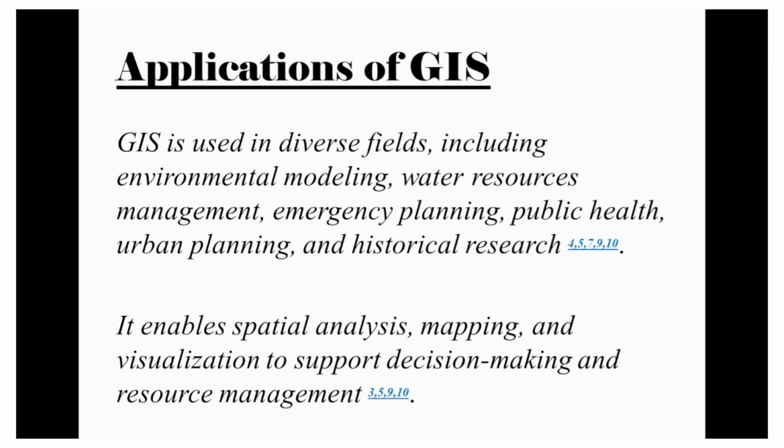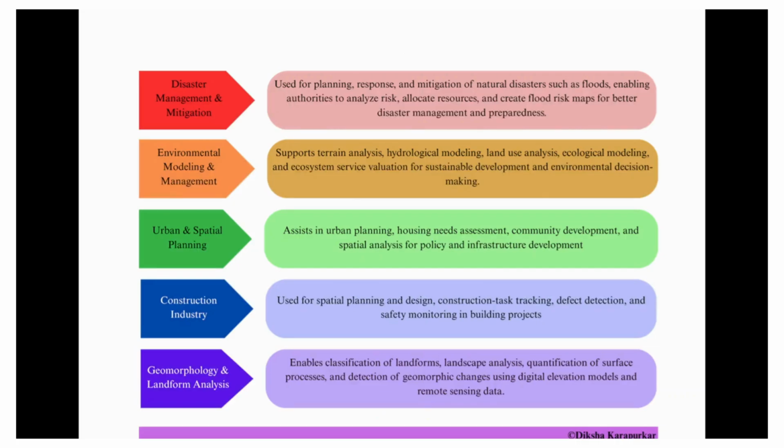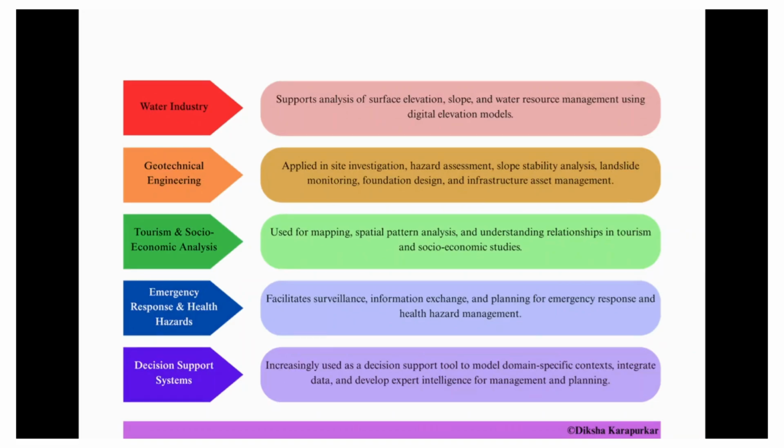In public health as well, GIS helps track disease outbreaks. It's also used in archaeology, agriculture, transportation, and even tourism, to name just a few areas. In these two slides, I list down 10 main application fields of GIS that you may go through.